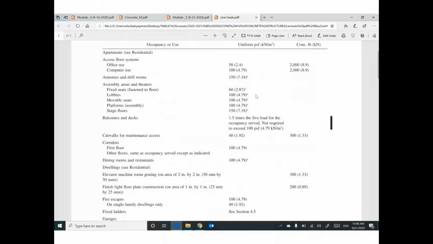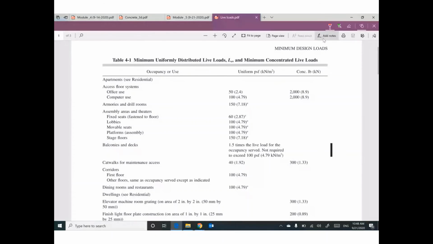For example, if your building is an apartment, a residential building, and you are using any room as an office, your live load will be 50 pounds per square foot, PSF.